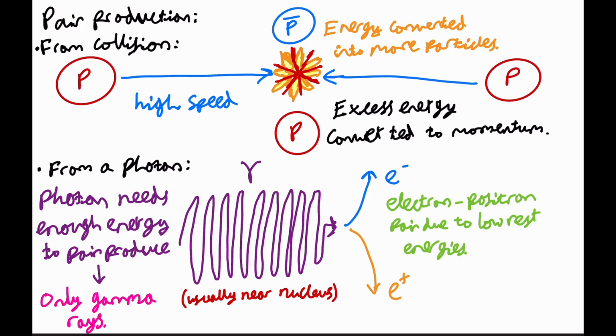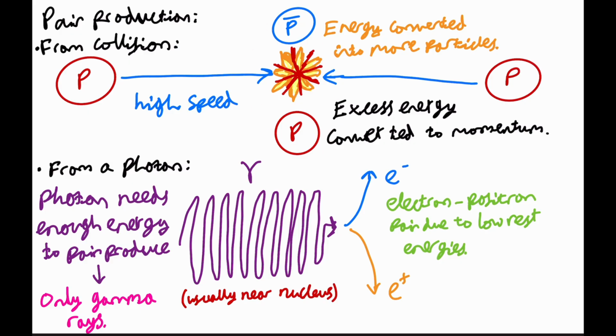As you can see, when you collide them, you get a new antiproton and a proton being created. And any excess energy is converted into momentum. So you can do pair production. It's called pair production because you have a proton-antiproton pair created from high speed, which is basically energy, so energy into matter.